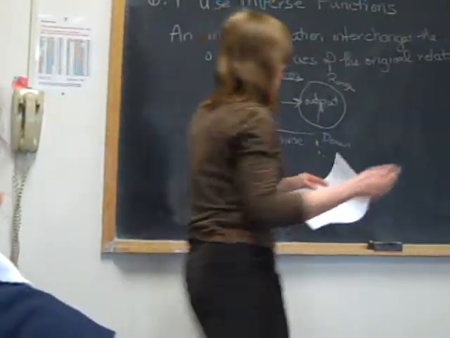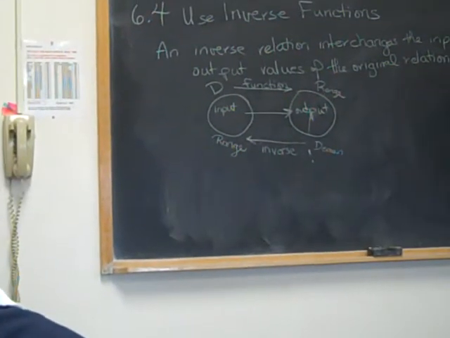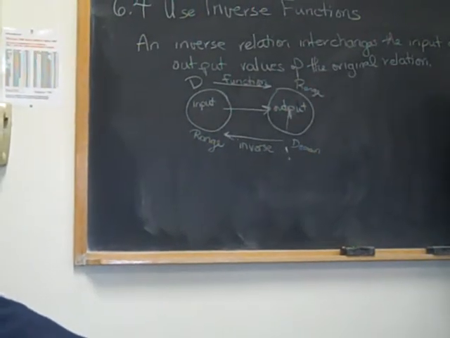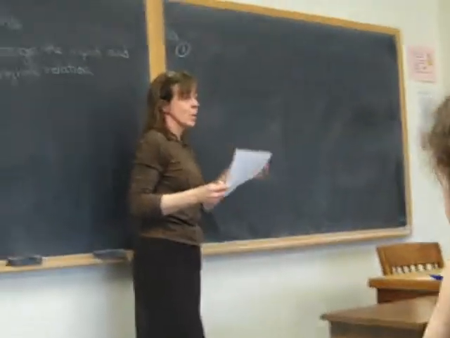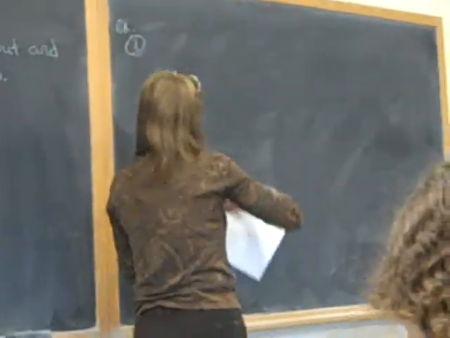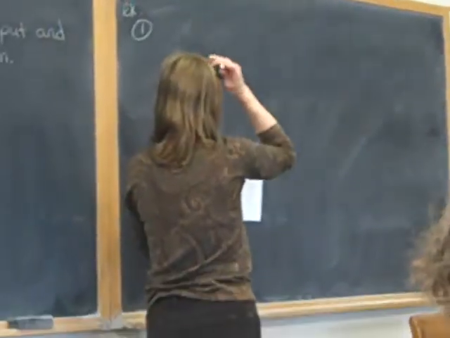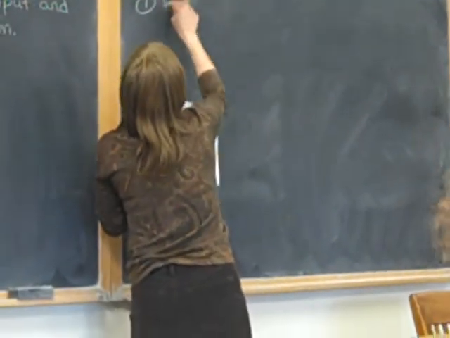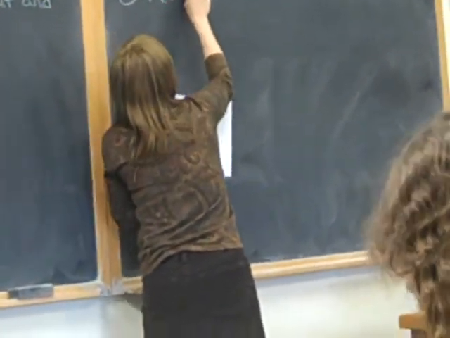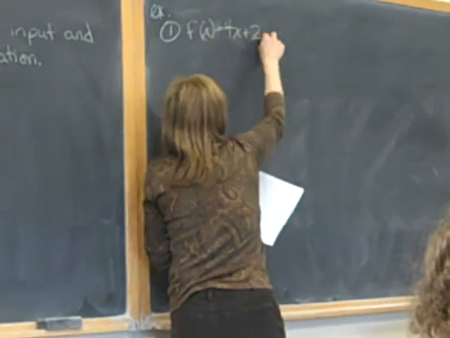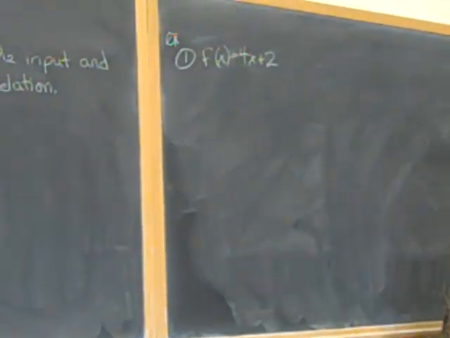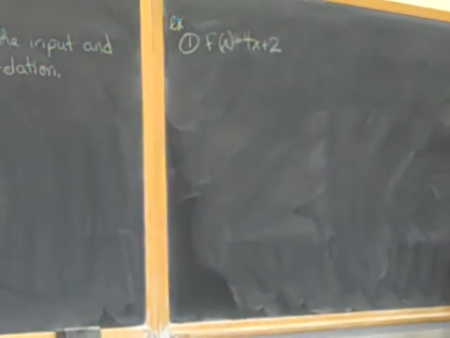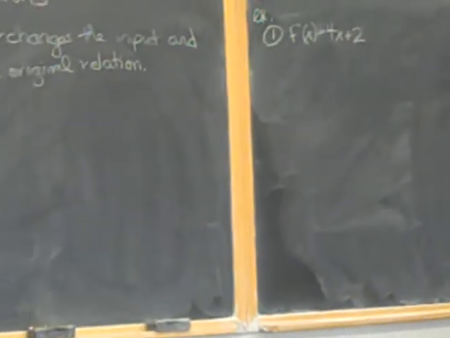And if we take a look at an example, I believe before vacation we looked at a parabola and we saw what happened. Let's take a look at the function f of x equals 4x plus 2. What's the graph of 4x plus 2 going to look like?